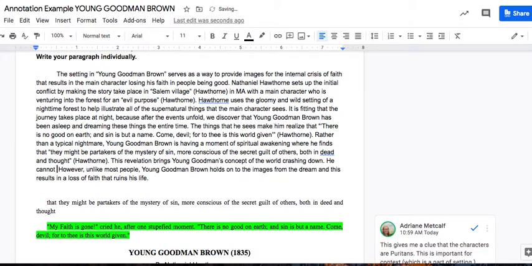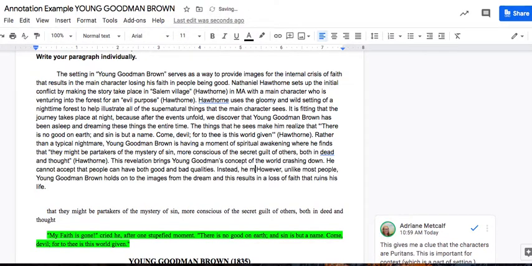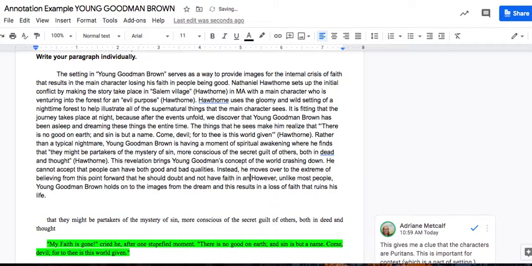He cannot accept that people can have both good and bad qualities. Instead, he moves over to the extreme of believing from this point forward that he should doubt and not have faith in anything.